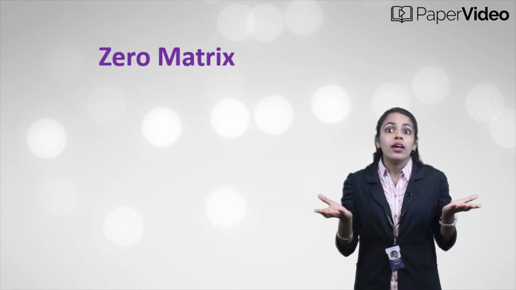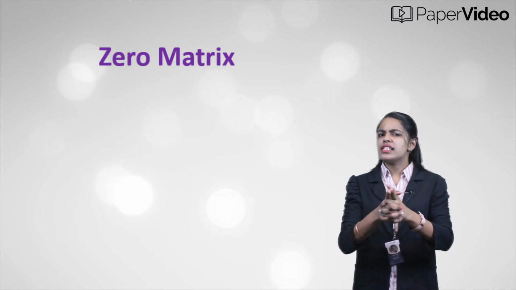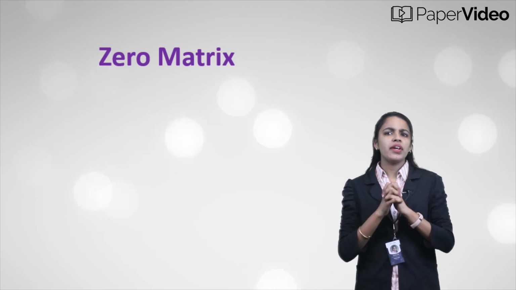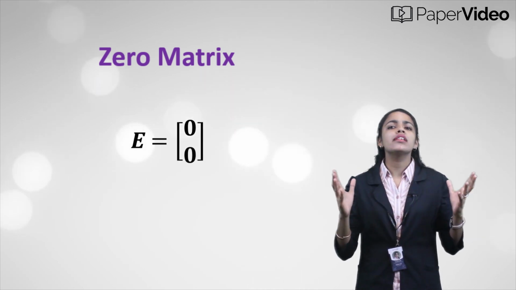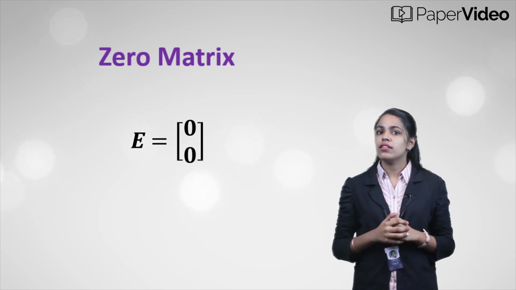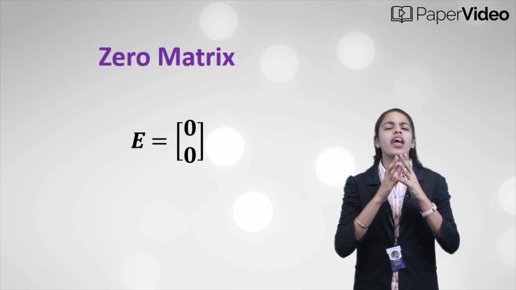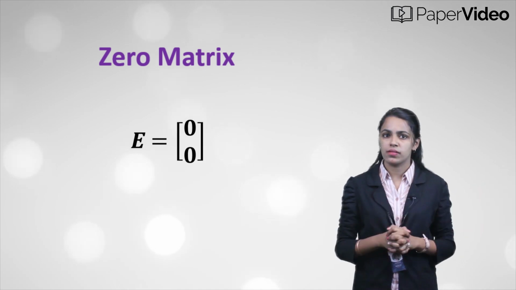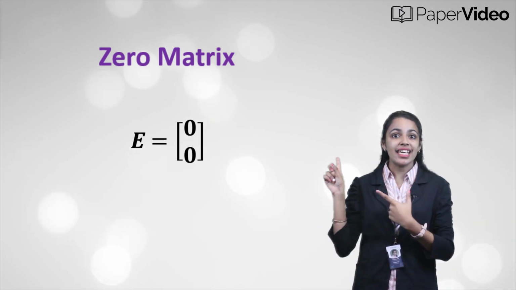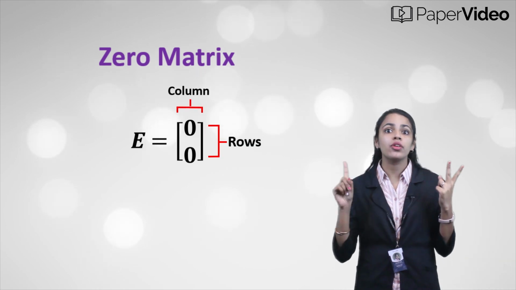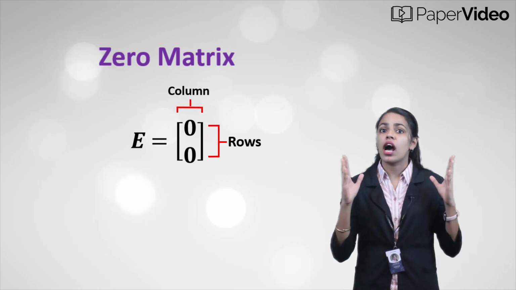Next, we have zero matrix or null matrix. As the name suggests, a matrix in which all elements are 0 is known as a zero matrix. A zero matrix can have any number of rows and columns. Here, matrix E has 2 rows and 1 column, and all elements are 0.